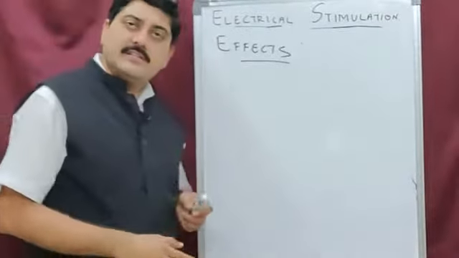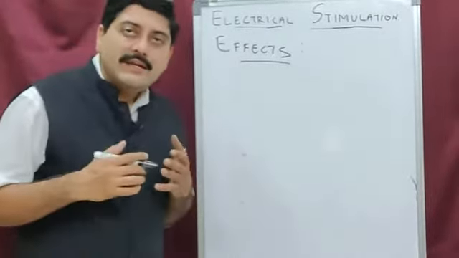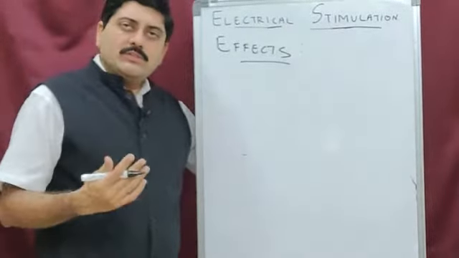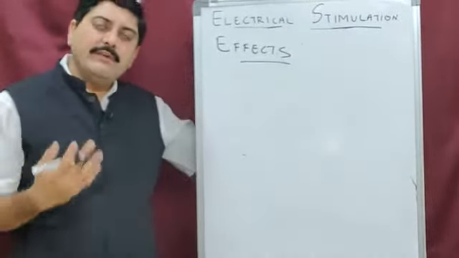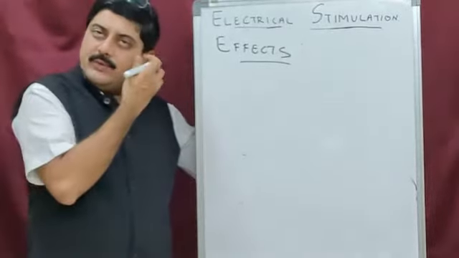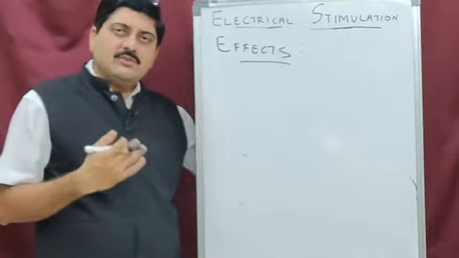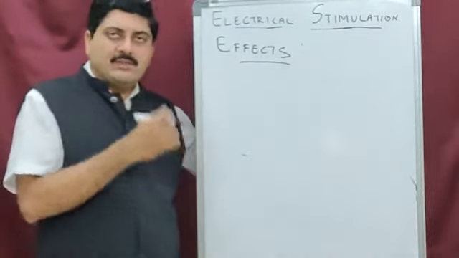Welcome to this lecture where we are going to talk about the effects of muscle contraction. Various books have divided this in various ways. I'll try to summarize it in some other way so that we can cover all the aspects of this.